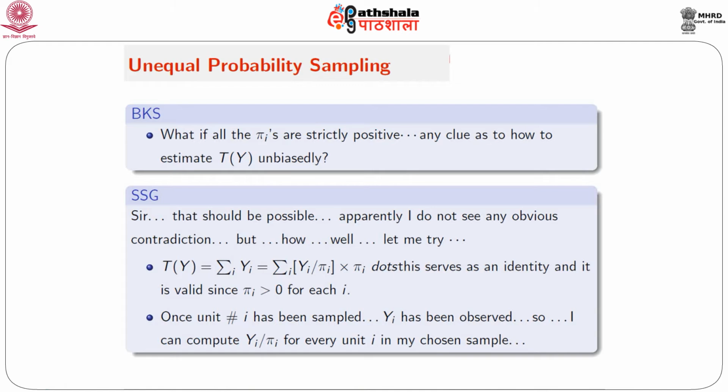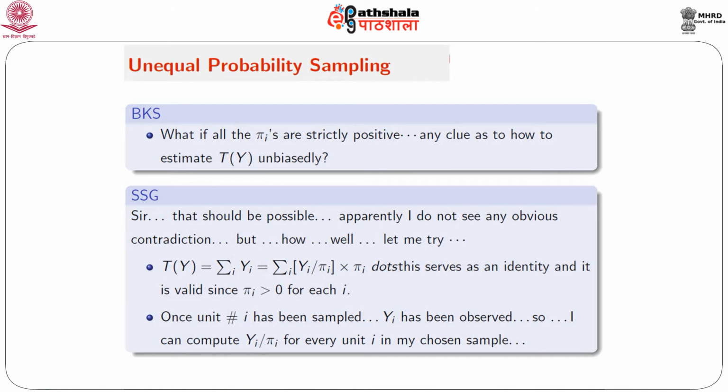Sir, that should be possible. Apparently I do not see any obvious contradiction, but let me try. T of y is summation yi, which is summation of yi over pi i times pi i. This serves as an identity and it is valid since pi i is more than 0 for each i.